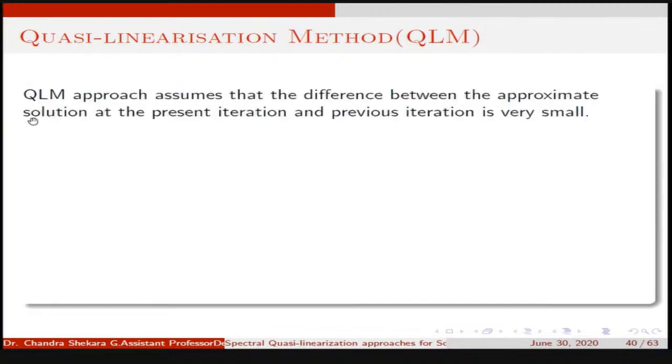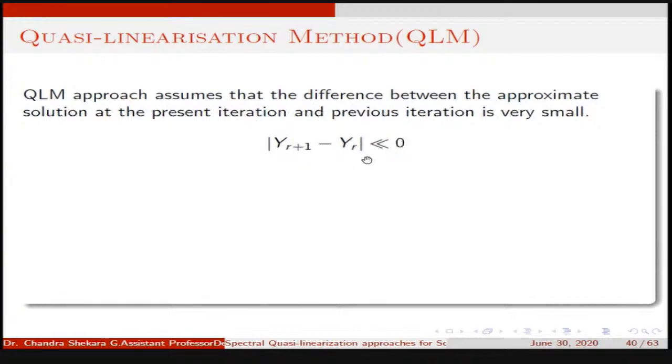This approach assumes that the difference between the approximate solution at the present iteration and the previous iteration is very small. Suppose Y r is the solution at the previous iteration and Y r plus 1 is the solution at the present iteration. So this absolute difference is very small.